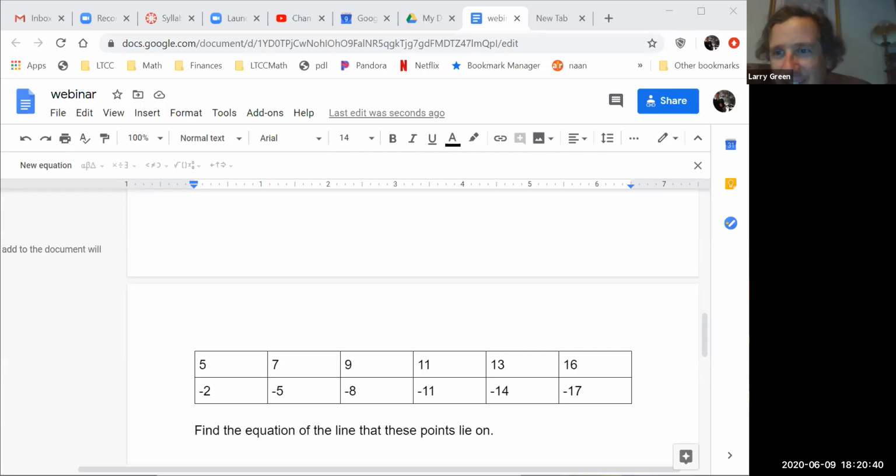So what do we know? How do we find the equation of the line that these points lie on? Any thoughts? What was the first thing we did last time when we looked at a line, except from a picture? Now we have data instead. We could draw the picture, but you don't have to. Enter it in the calculator, but you don't have to do that either.